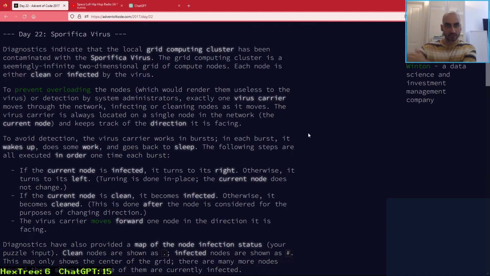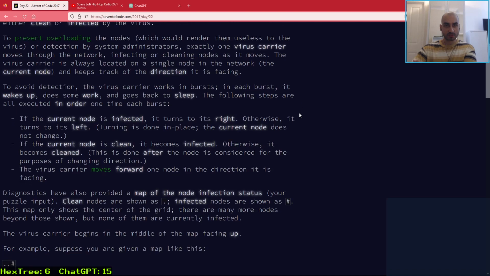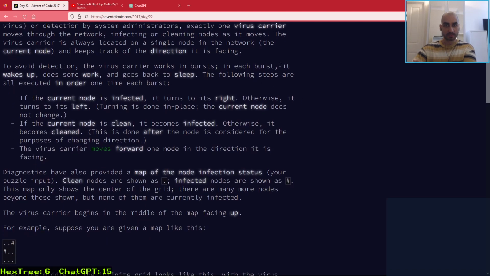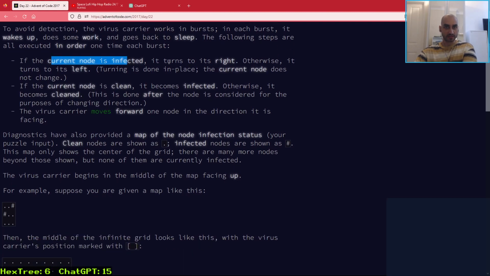The virus carrier is always located on a single node in the network and keeps track of the direction it is facing. To avoid detection, the virus carrier works in bursts. In each burst, it wakes up, does some work, and goes back to sleep. The following steps are all executed in order one time each burst. If the current node is infected, it turns to the right, otherwise it turns to the left.